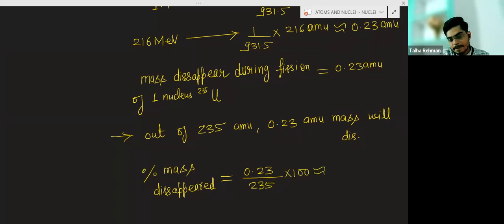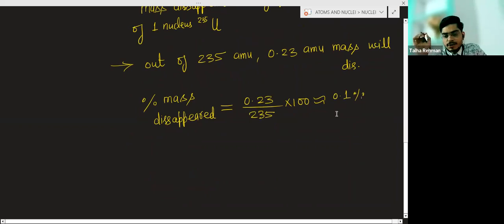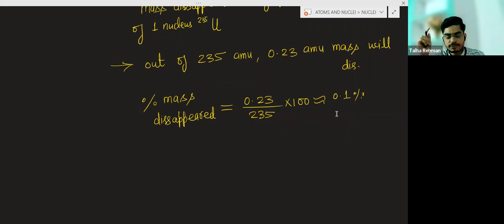So this will be approximately equal to 0.1%. So you can say only 0.1% mass of uranium-235 is used in the nuclear fission reaction, or only 0.1% mass of uranium will disappear during fission reaction.